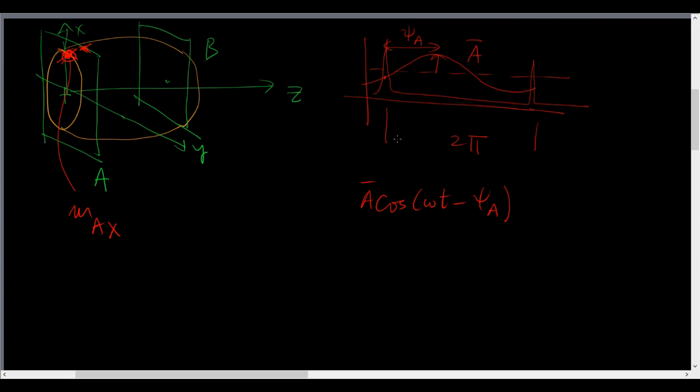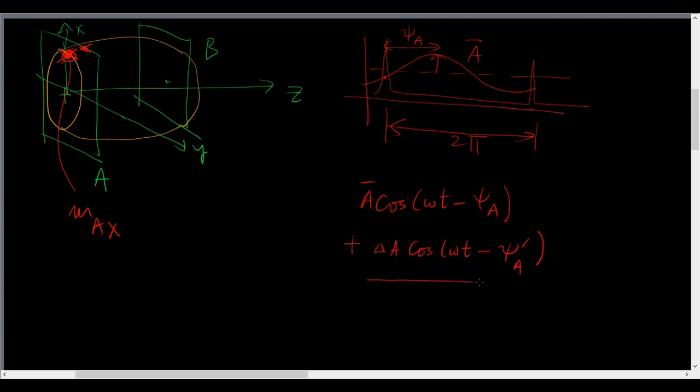Sorry, it's giving me the 0 reference point. Then let's say the vibration becomes whatever it was, plus delta A cos omega t minus psi A prime. Okay, I deleted the old drawing sheet and I've lost it, but over here this is the change.